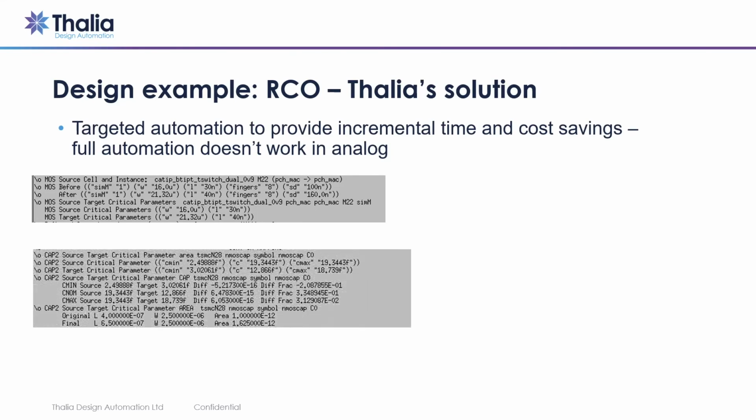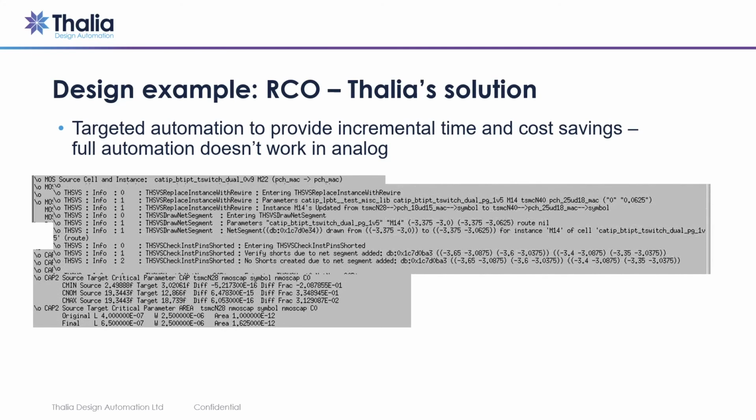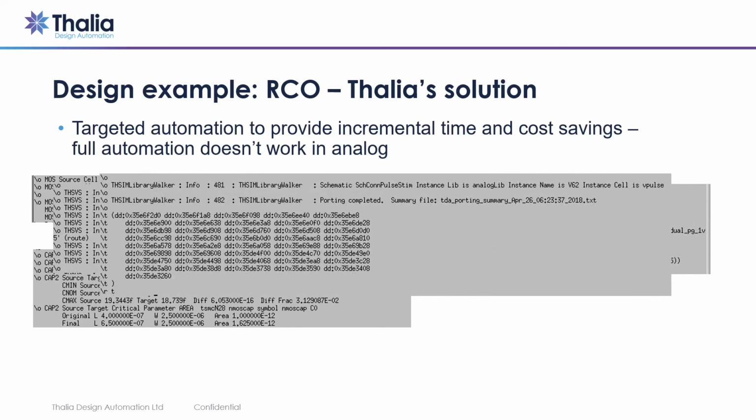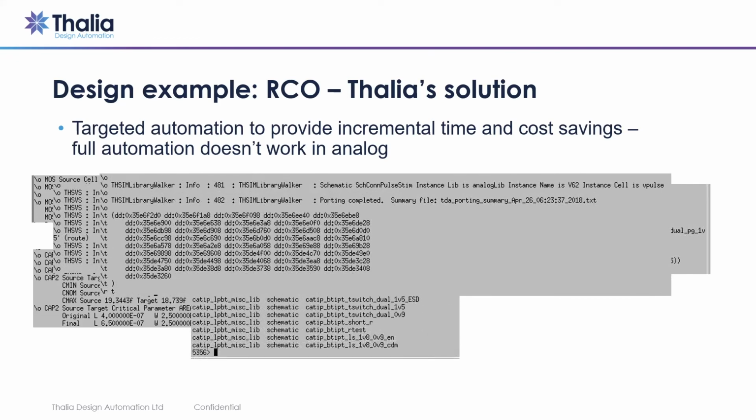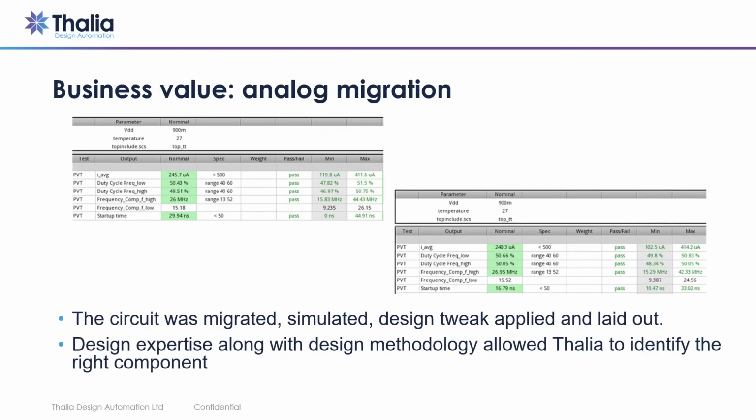Our mantra is complete automation in analog circuit design does not work. Targeted automation works, and what you see on the screen are various snapshots of the automation process during the course of migrating the design from the base technology to 22SOI. What you see are the results after the circuit was tweaked, the device updated, and backgate biasing feature leveraged.